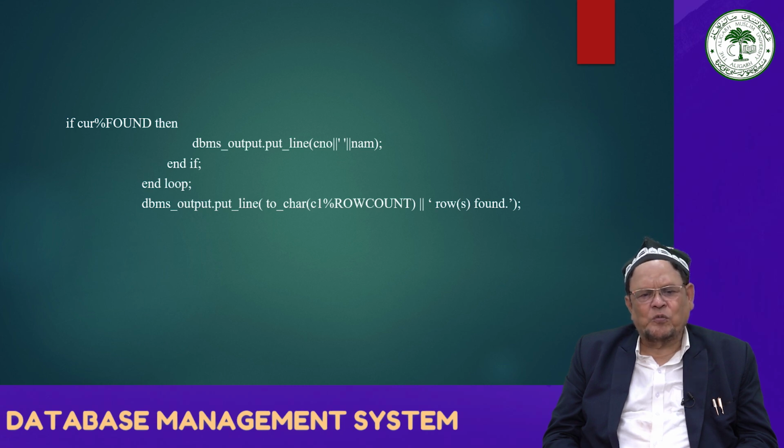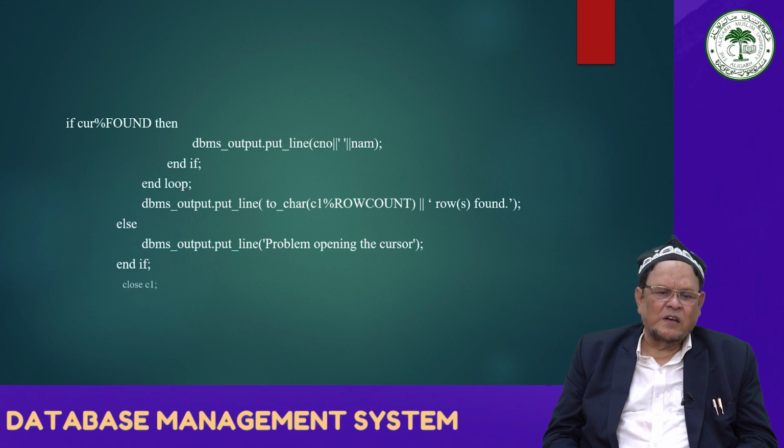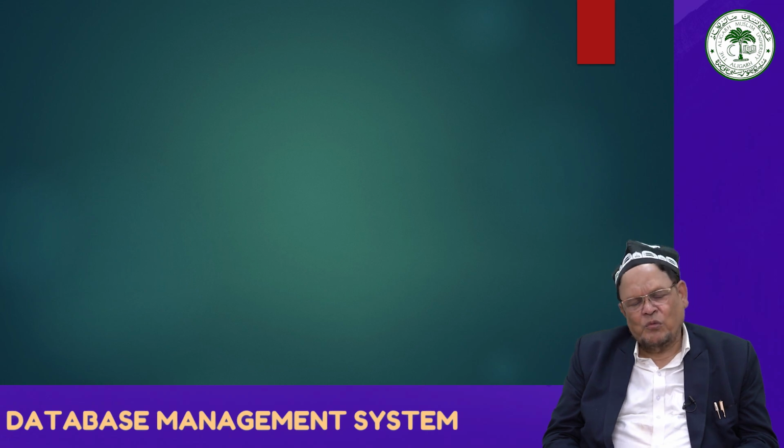DBMS_OUTPUT.PUT_LINE of the character and row count rows found, else otherwise problem opening the cursor, and end if, and close C1. In this way you are able to find the records.